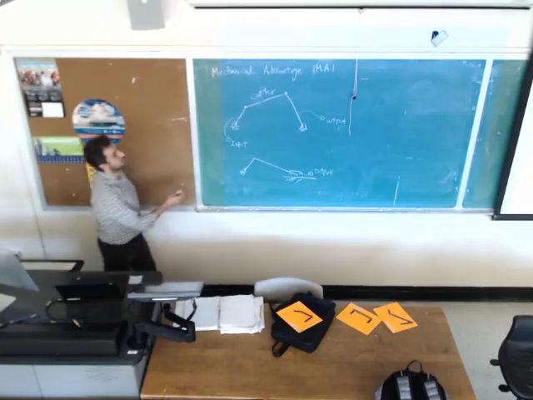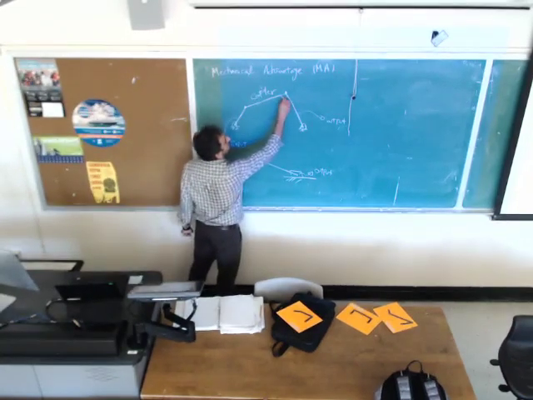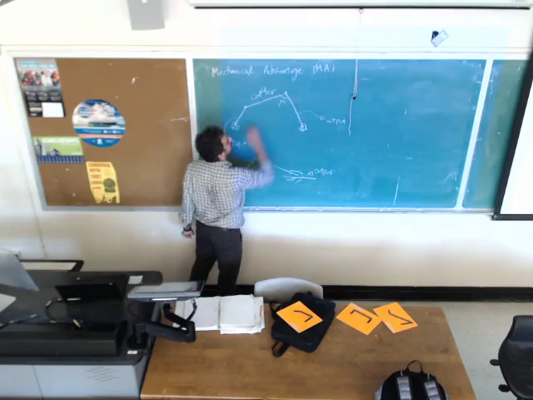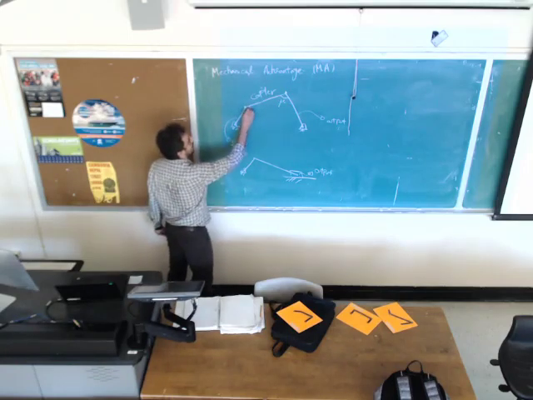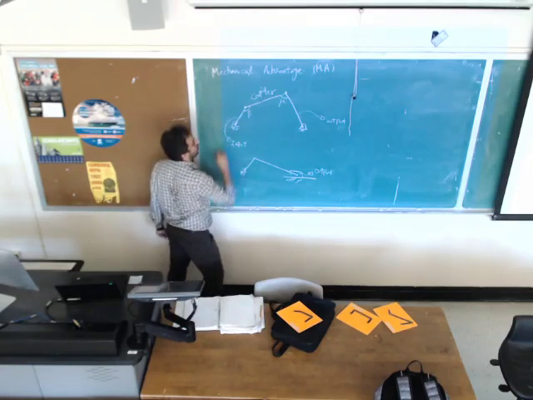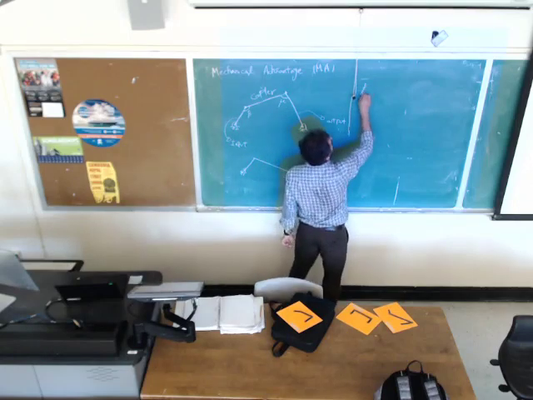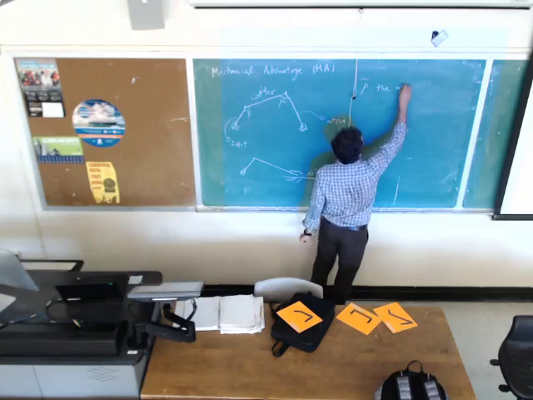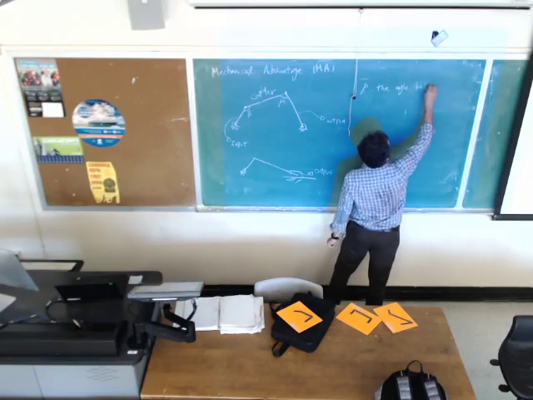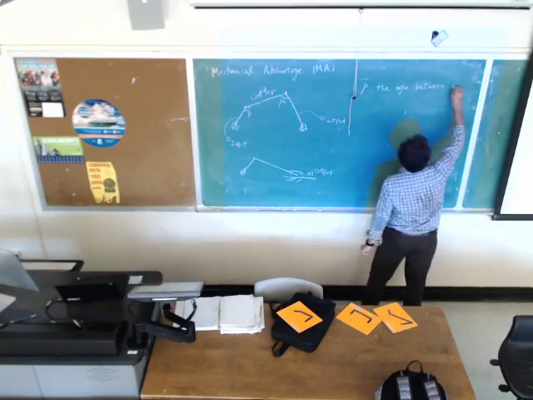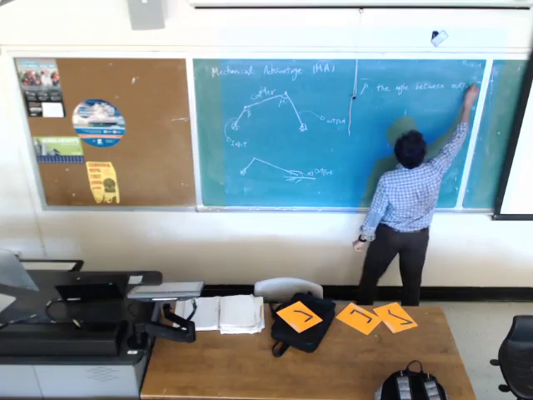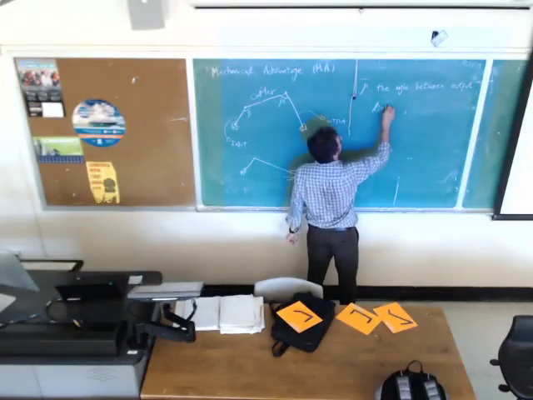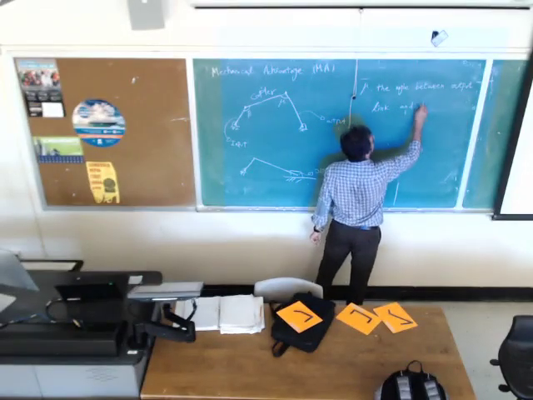I'm going to define two angles, mu and beta. Mu is the angle between the output link and the coupler.